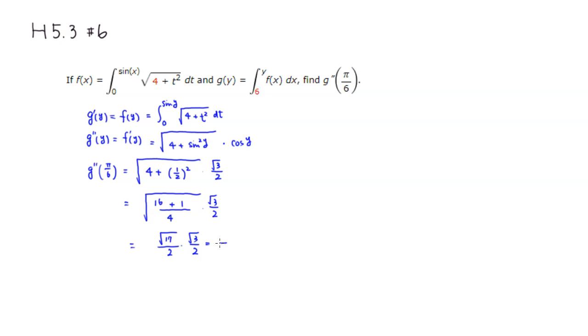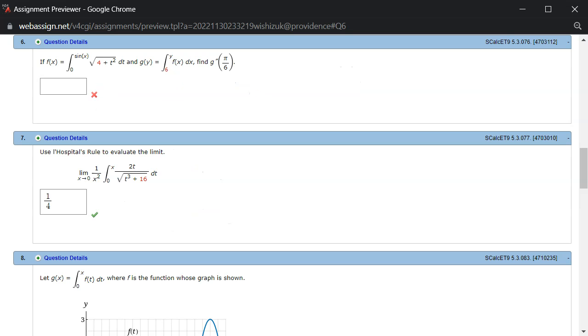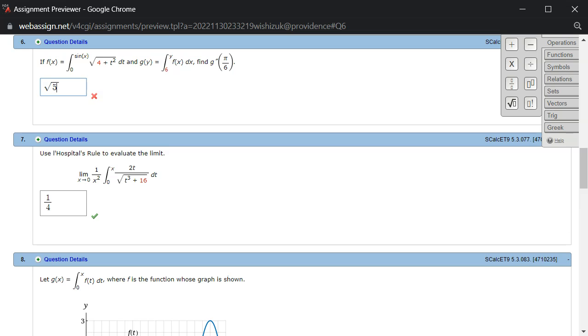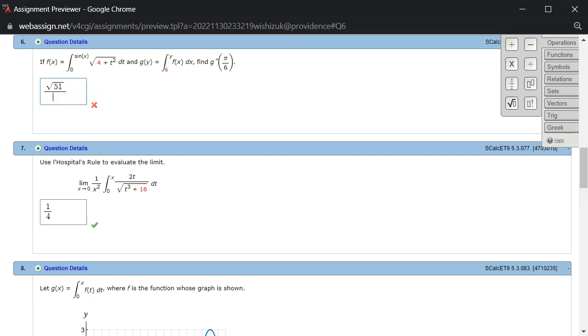So this is going to be square root of 17 times 3, which is 51, over 2 times 2, which is 4. Let's type it in. So we got square root of 51 over 4.